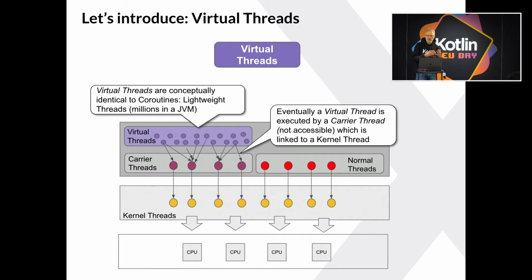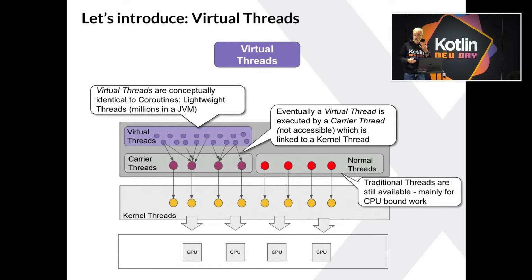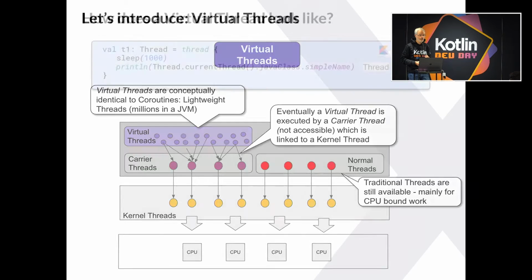They have this construct of carrier threads, as they call them, and these are threads you cannot access. This is hidden from you. You just deal with virtual threads, and that they're executed by a real thread is not your concern. Besides that, we still have normal threads, because sometimes you have CPU-bound work, where you want to be as close as possible to a kernel thread, and then you would use a kernel thread. But for all the I/O stuff, these virtual threads are really great.